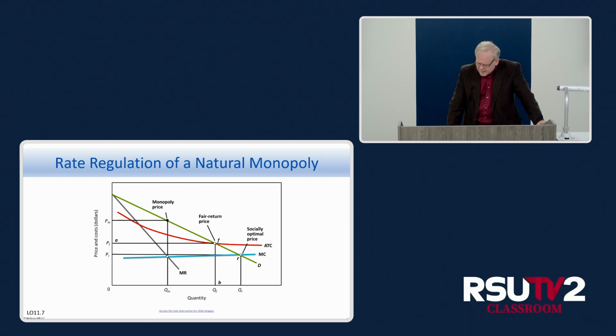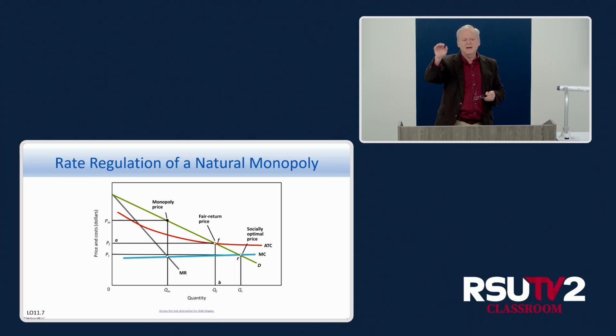Now the problem here is if they're allowed to bump their price up a little bit, the problem of course is, again, with the cost padding situation, what part of the total cost of operating that the firm reports is really necessary, okay? And that's a problem as well. So the fair rate of return, theoretically here, if total costs are reported accurately by the monopolist, is a great place to be.